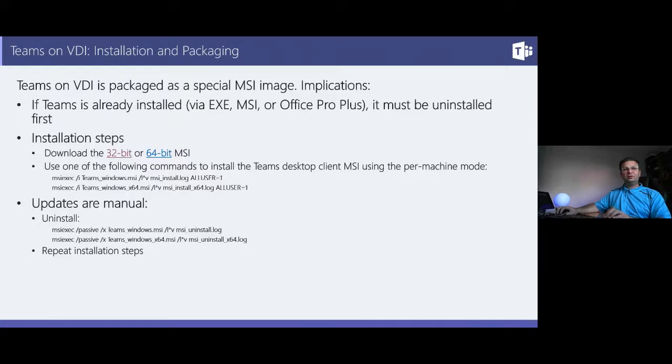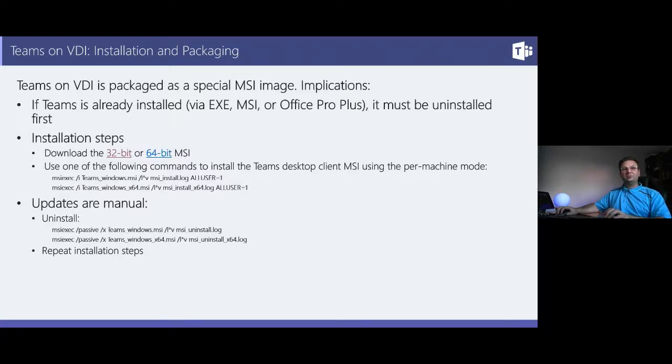When Teams is installed in per machine mode, the client is deployed under Program Files and auto updates are disabled, which means that VDI admins need to periodically download the latest version of the MSI package and update the Teams MSI client in the VDI image to make sure that the client version is not stale and VDI users are getting new features, bug fixes, and the best experience with Teams on VDI.